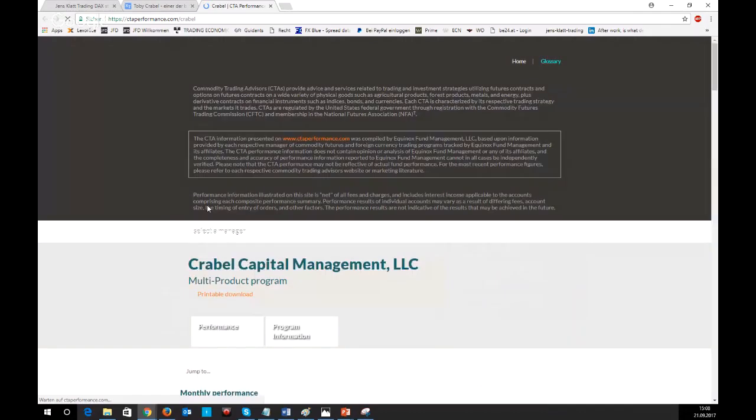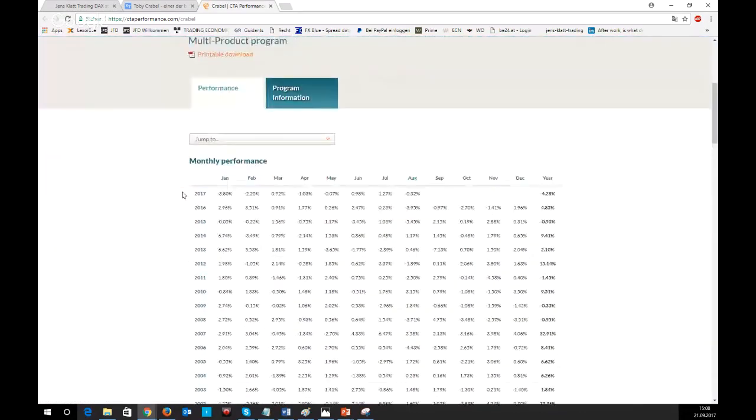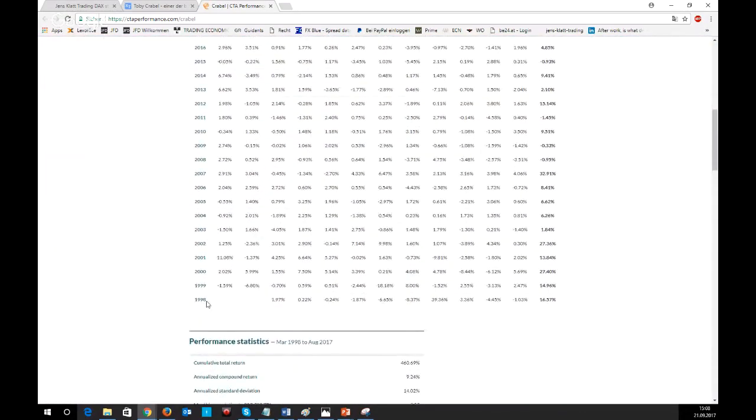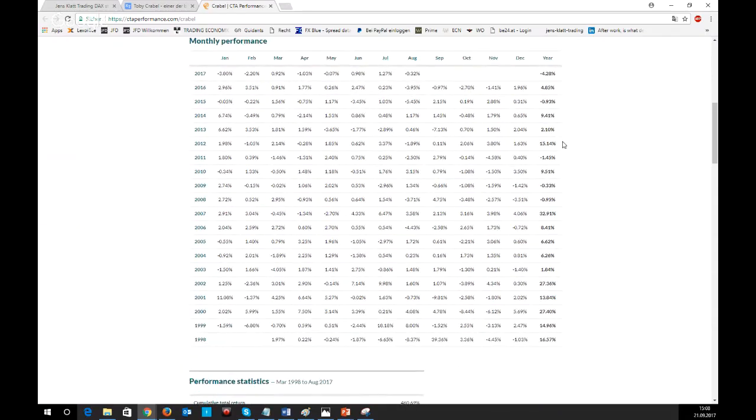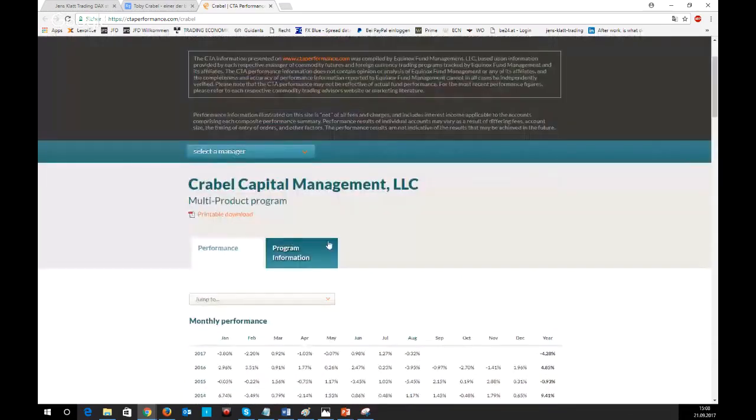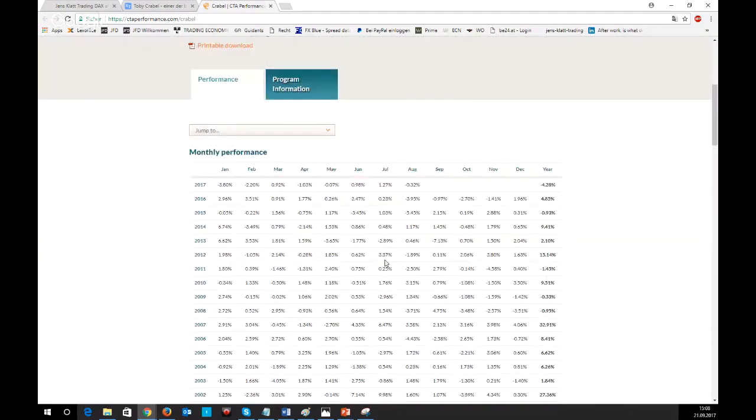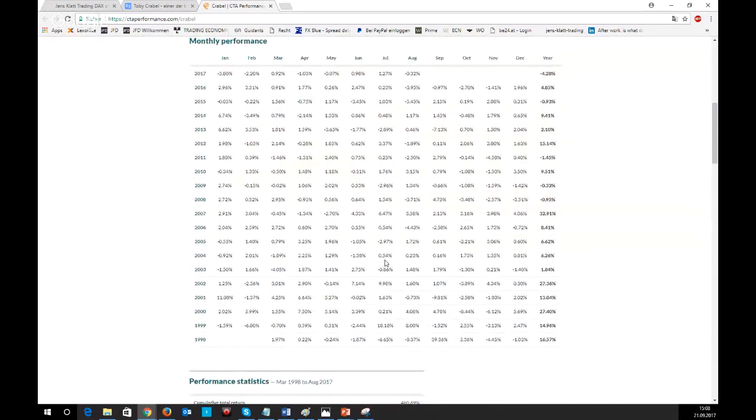It's not based on this strategy alone, but you can see it goes back to 1998, and it is an awesome performance. There are two years, three years, probably four years where he hasn't closed in the green. It's a CTA website, Crabel Capital Management LLC, and it shows that Crabel knows what he's talking about.